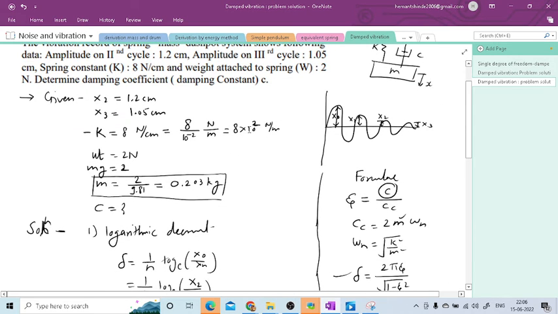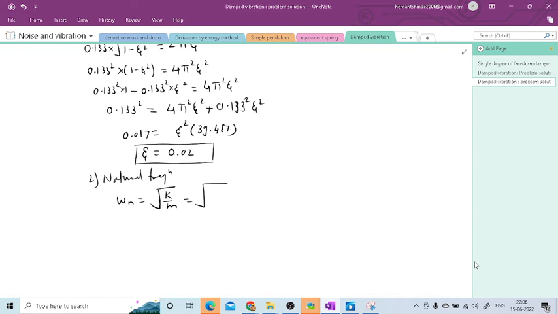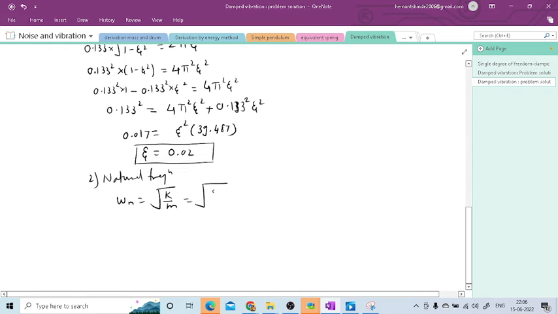K is 8 into 10 raised to 2, means 800, and m is 0.203. So the value of k is 800, 8 into 10 raised to 2, and value of m is 0.203. If I solve this, we will get the value of omega n.